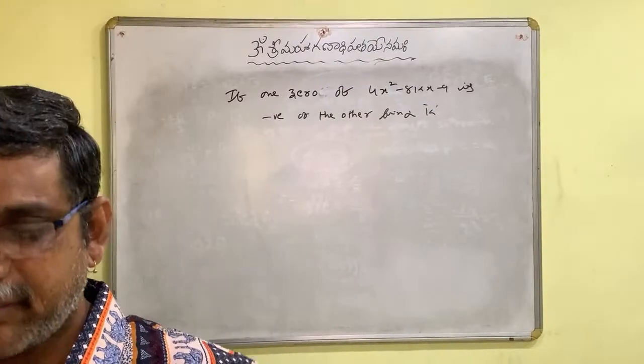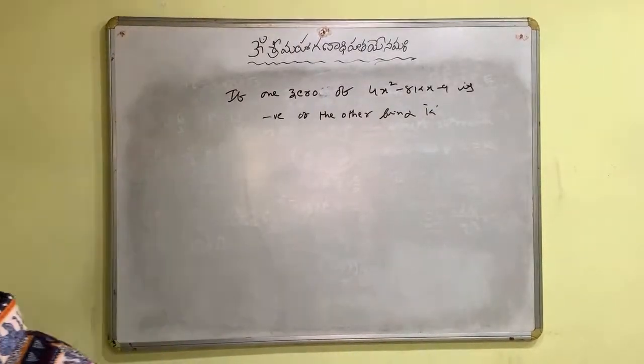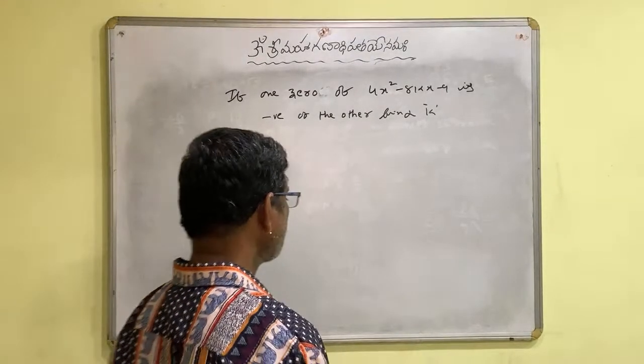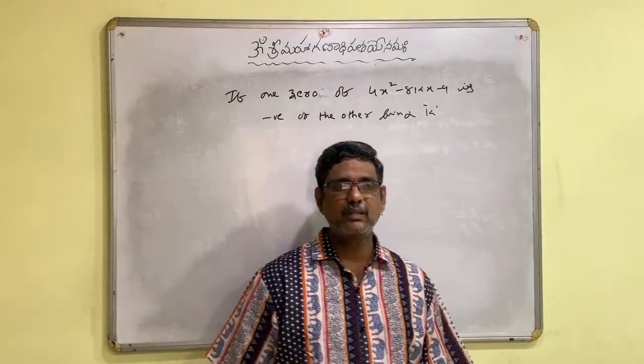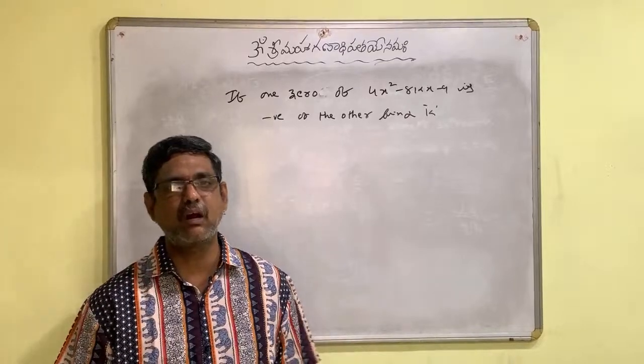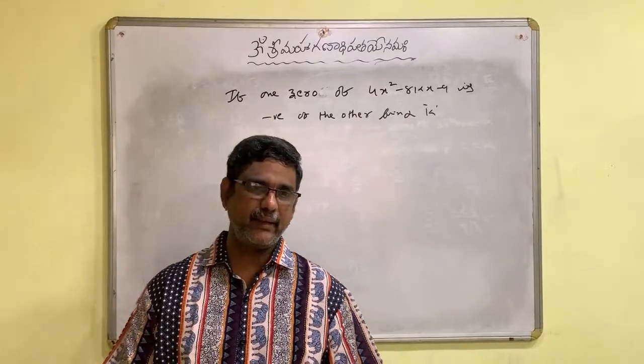Any idea from your side, children? One zero is negative of the other. How to start this problem? Any idea?